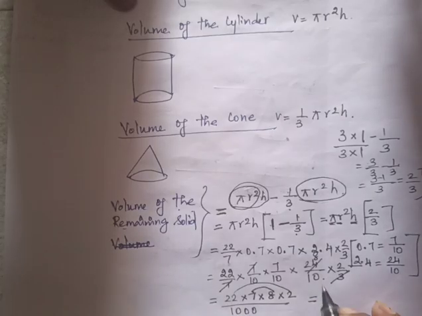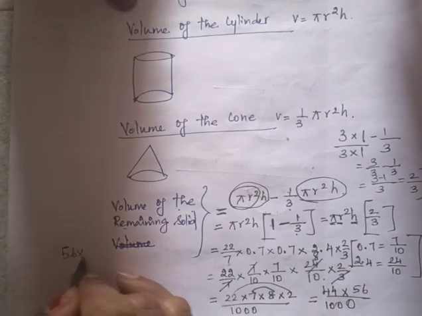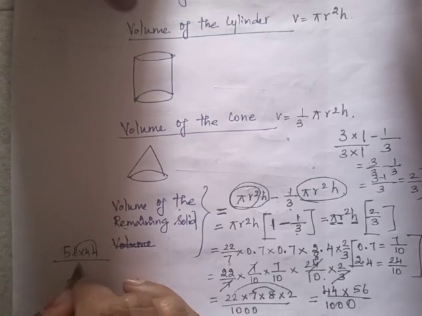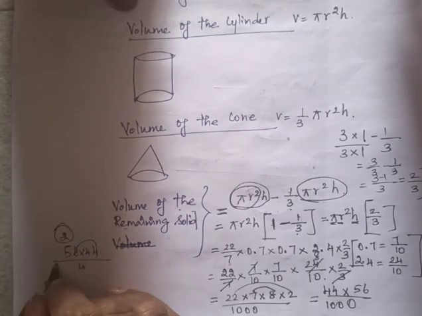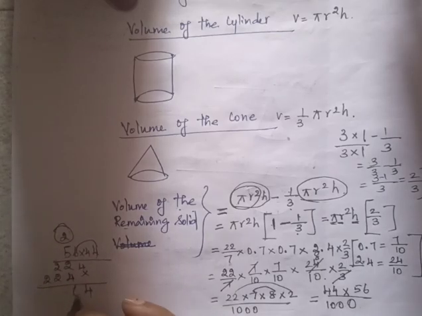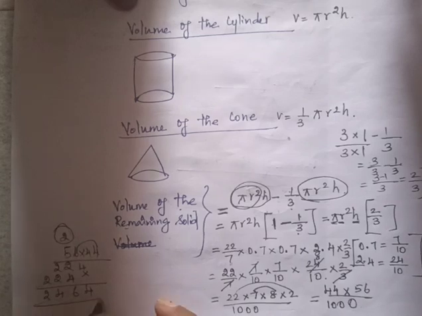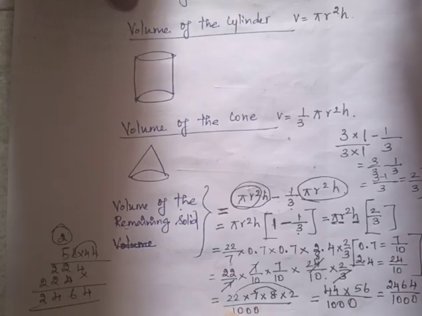22 into 2 is 44, into 7, 8 sevens are 56. 56 into 44. 6 4s are 24, remaining 2. 5 4s are 20, 20 plus 2, 22. Here also 224. So we get 2464 divided by 1000.